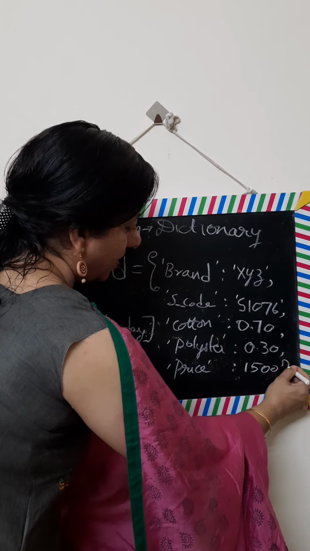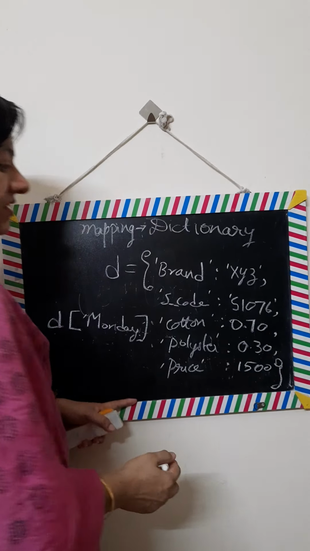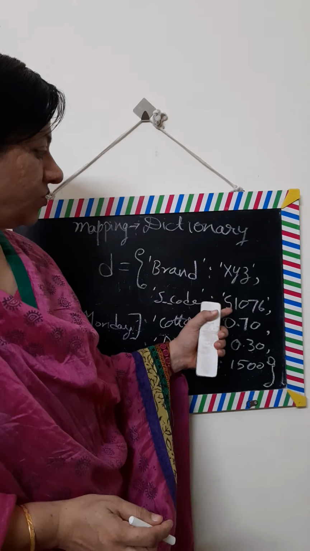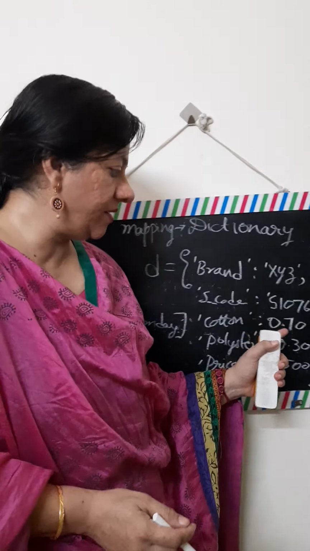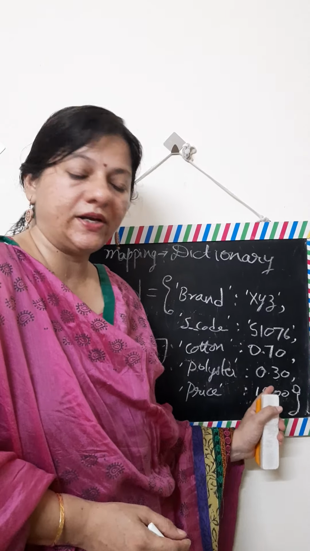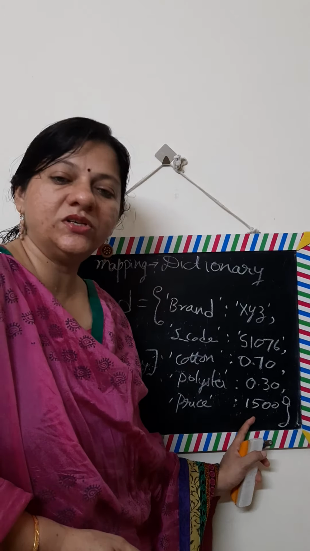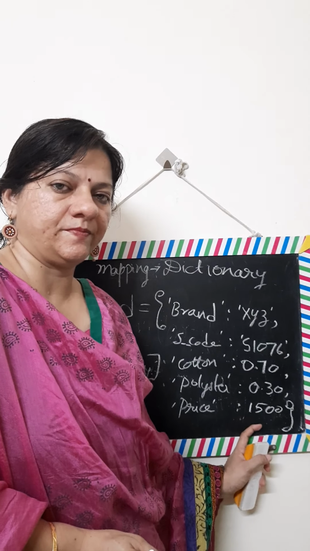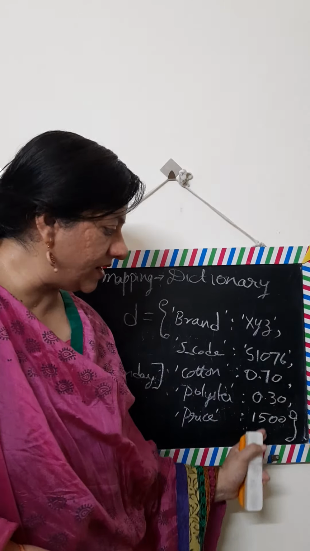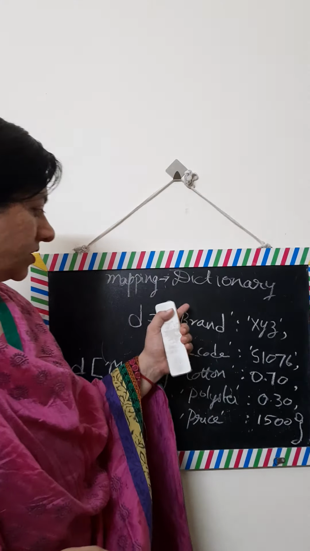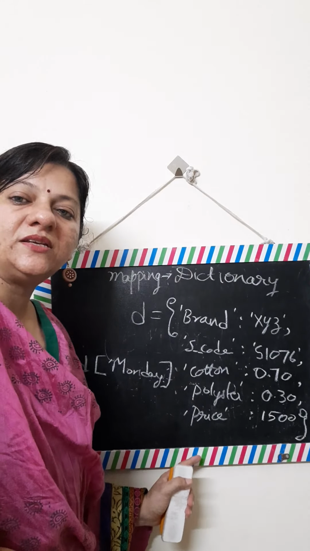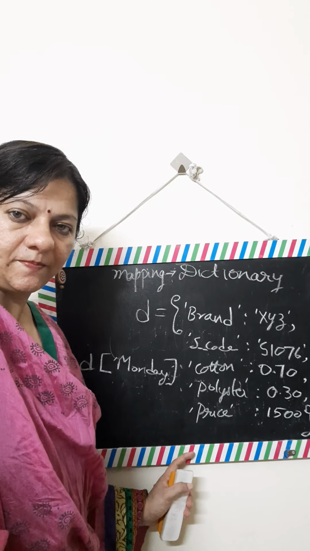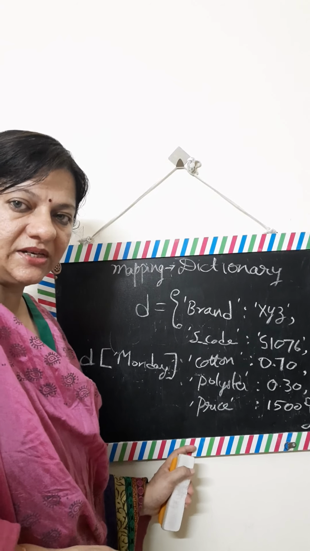Now if you have seen here, it clearly mentions that 2 values are of string data type, 2 values are of float data type, and the last value is of integer data type. No matter what data type your values were, your keys will always remain a string. Okay, it will represent a string.